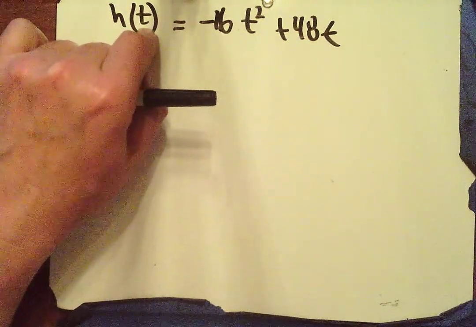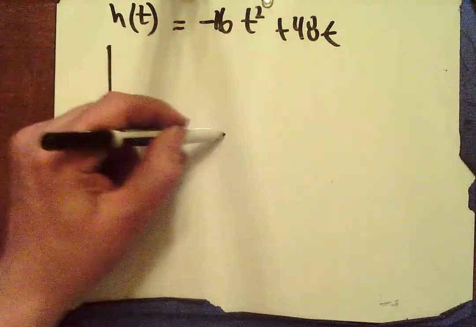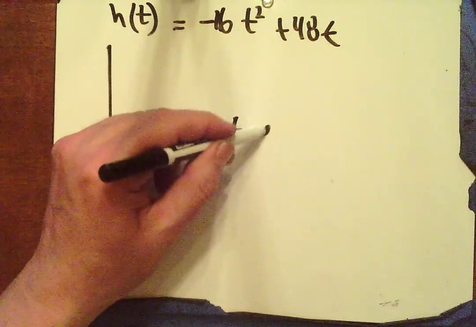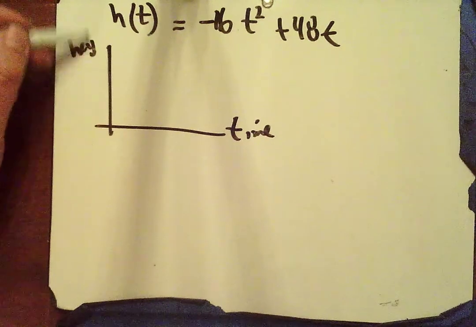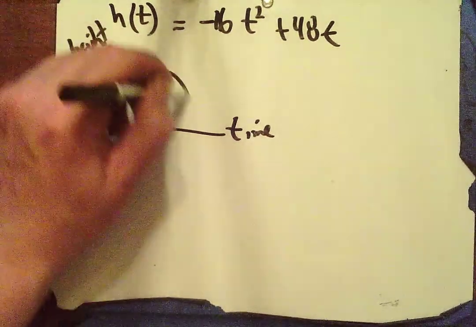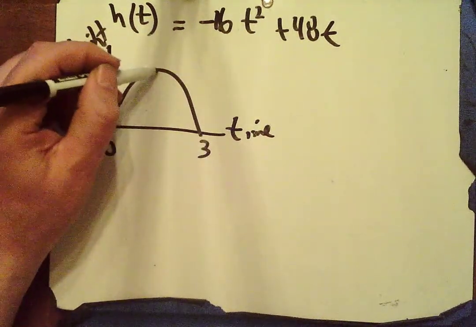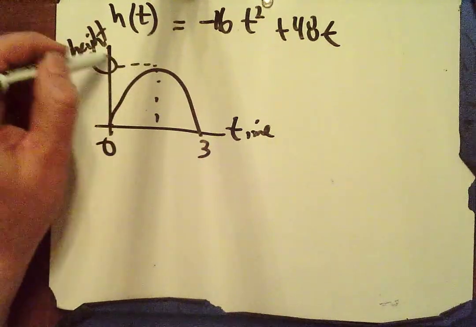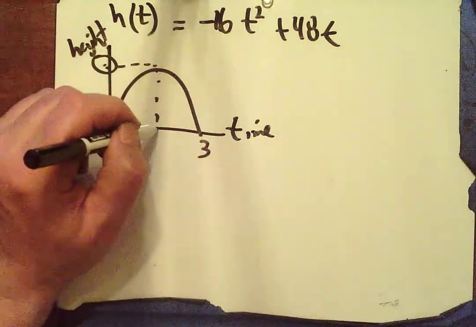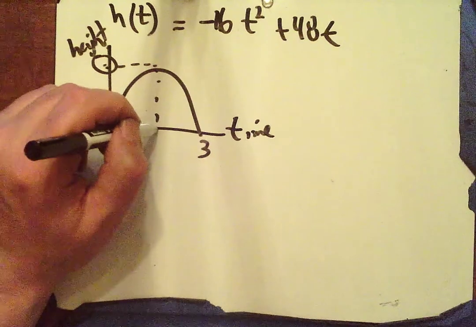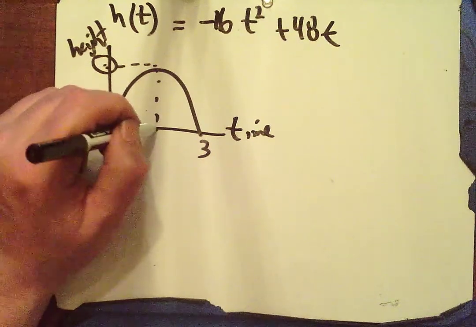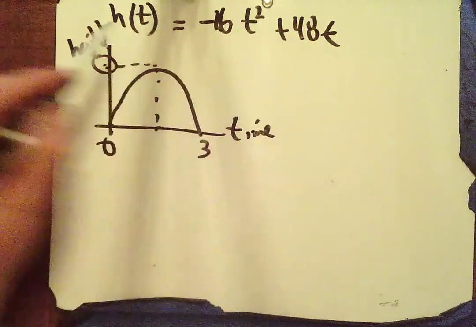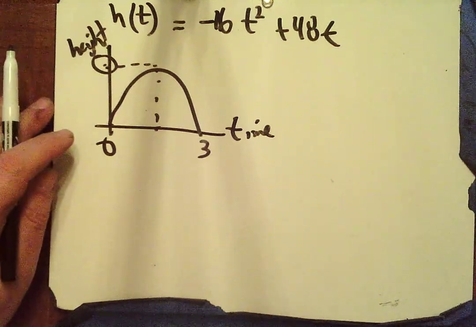Find the maximum height of the mortarboard. Well, remember, the input is time, and the output is height. And so when they say find the maximum height, we may need to find out when the maximum height occurs, so we can plug that in for t to get the actual maximum height out.